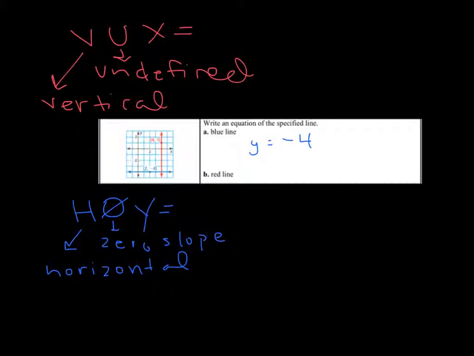It touches x at 4 right there. So the vertical line's equation is x equals 4. Vertical lines have undefined slope. They're x equals a number. In this case, x equals 4. And horizontal lines have zero slope. They're y equals a number. In this case, y equals -4.